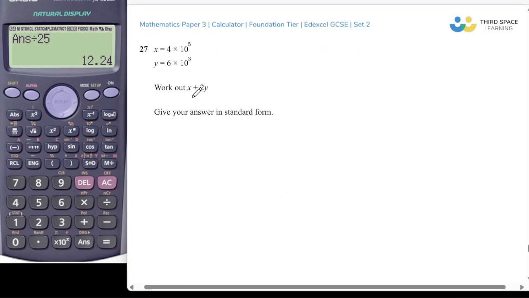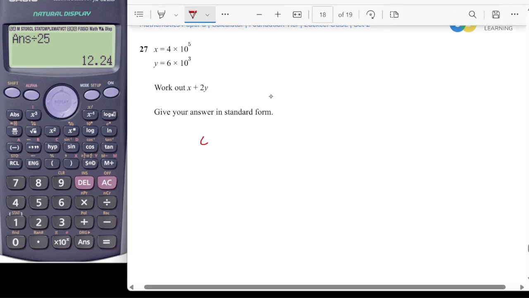Okay, and question 27 then. x is equal to 4 times 10 to the 5, y is equal to 6 times 10 to the 3. Work out x plus 2y, giving your answer in standard form. So that's going to give me 4 times 10 to the 5 plus 2 times 6 times 10 to the 3.